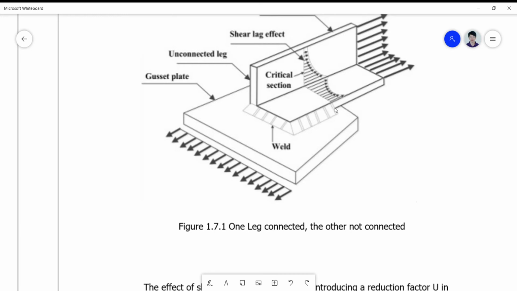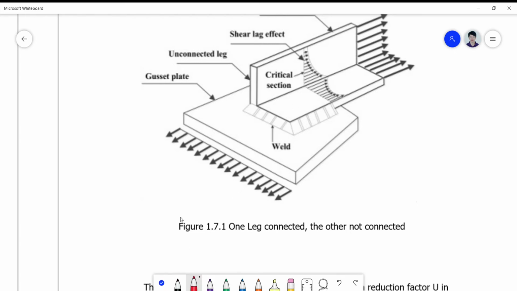So this interfacing location is far from the end of this vertical leg here, such that you will notice that the stress is very small as compared to the stresses at this corner and at this part of the leg. Hence, shear lag is present in this particular connection.